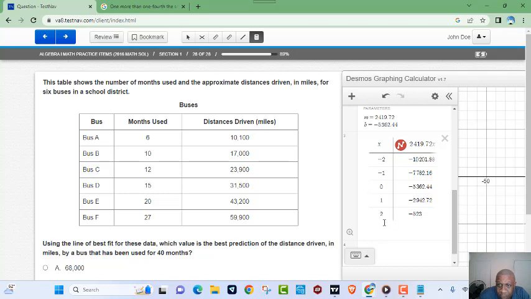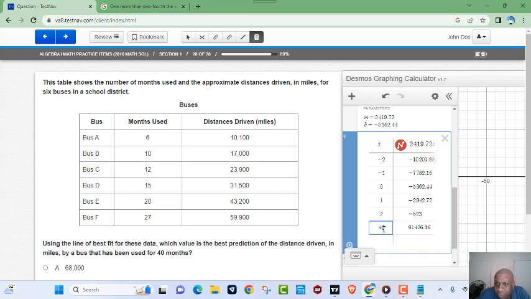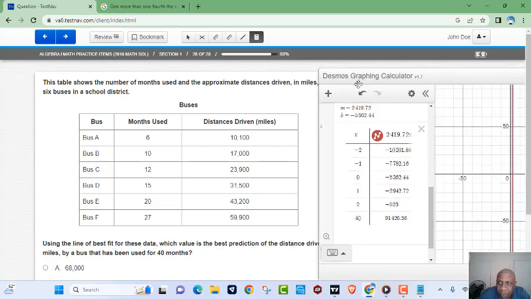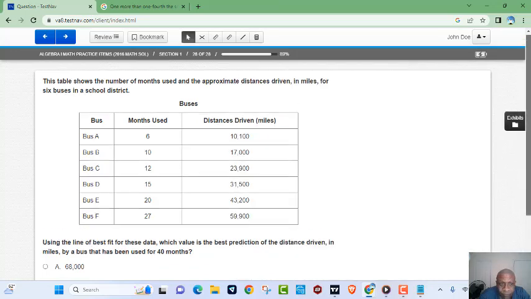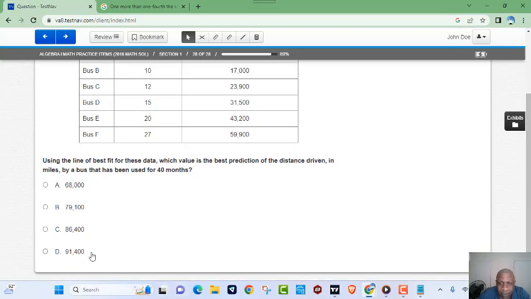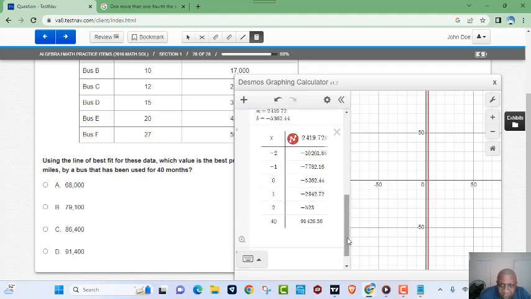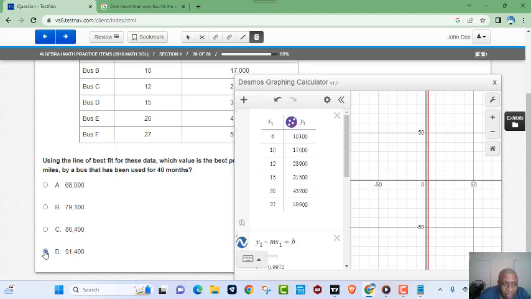So we'll just come back over here to the tab, and we'll type in 40. So 91,426 miles. So let's look at our answer choices. 91,400. See? It told us right here, 40, 91,426, 91,400.